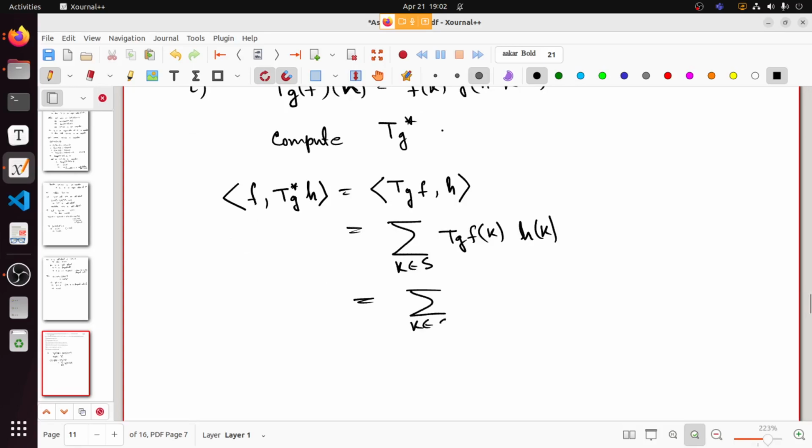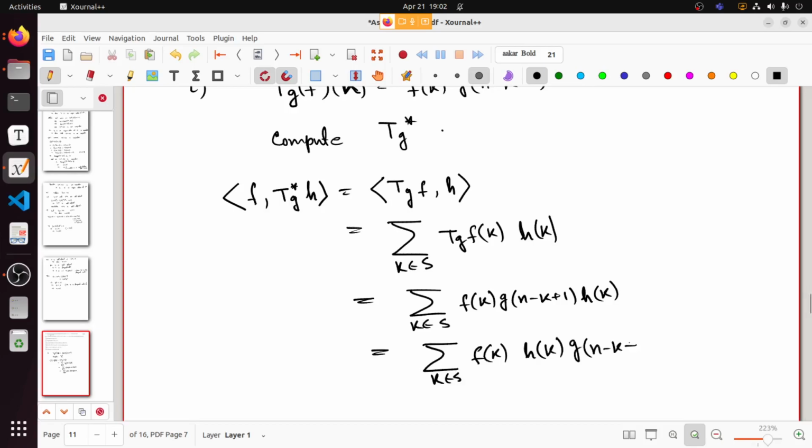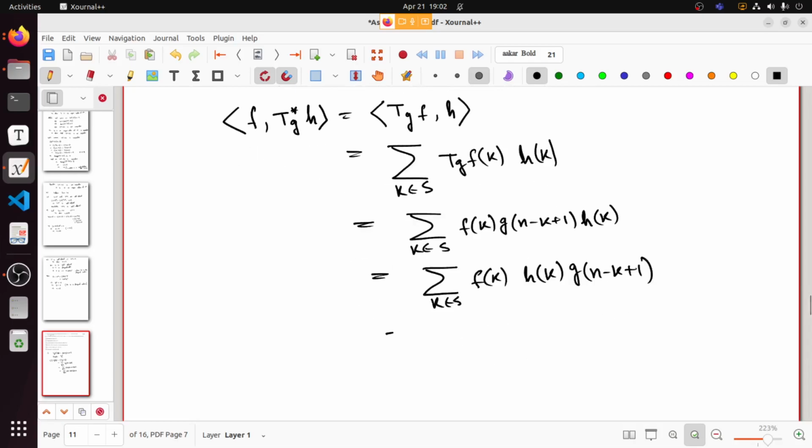This is the sum over k belonging to S of f(k) times g(n minus k plus 1) times h(k).